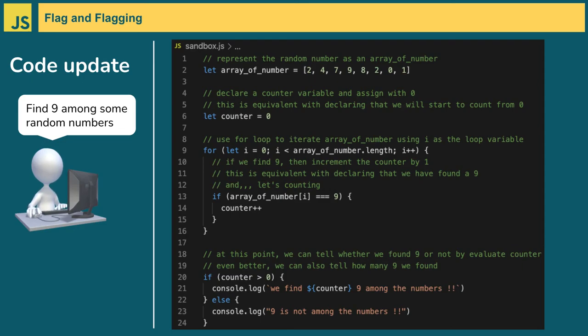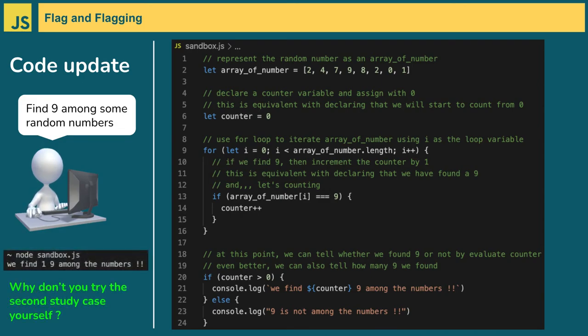It will be impossible to have it negative, so it will always be positive. Even better, you can also tell how many 9s we found with this code. Let's try it. Yep, we find 1 9 among the numbers.